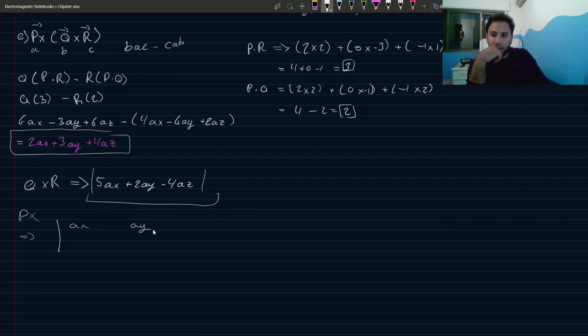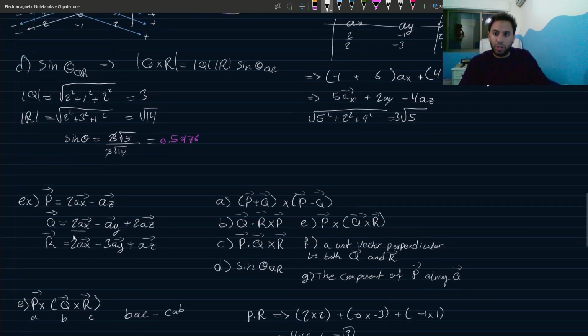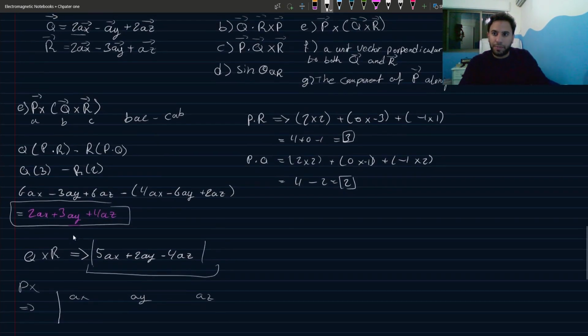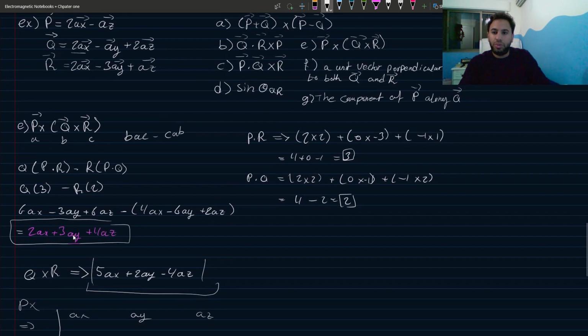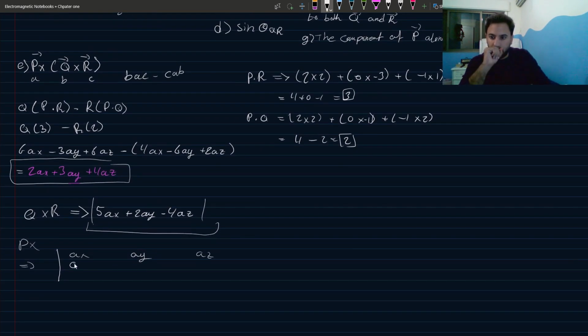AX, AY, AZ. And then we will write the components of P first, which are 2, 0, minus 1.